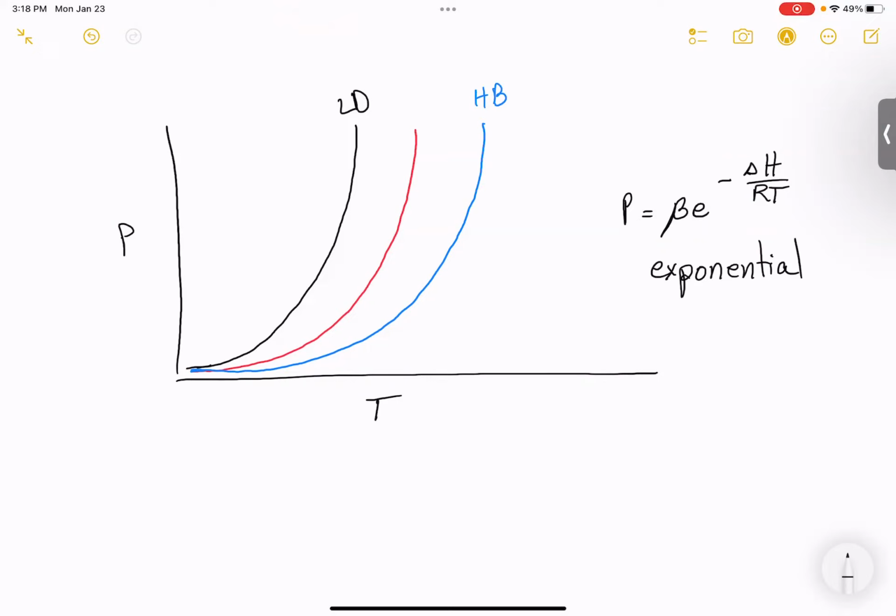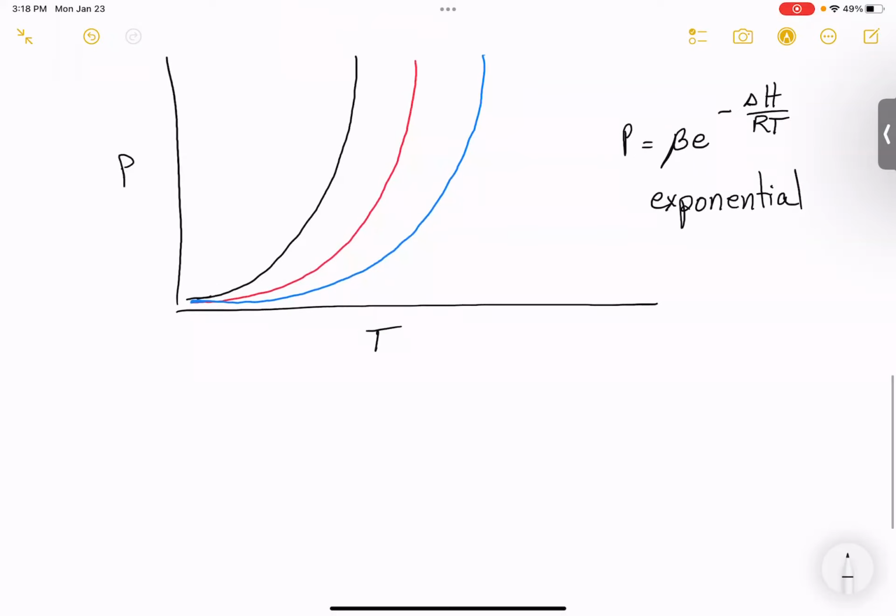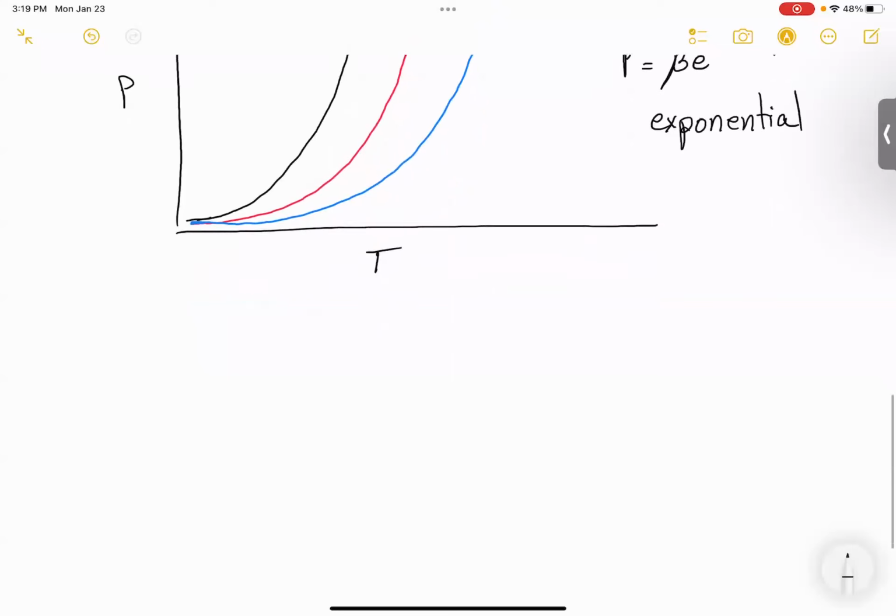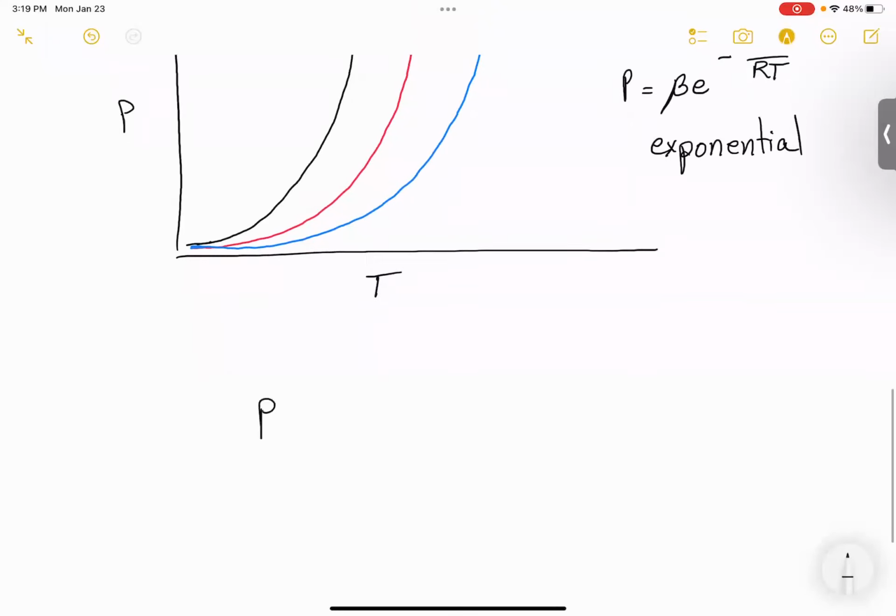Exponential functions are great if you're just going to be determining bits and pieces, but they can also be a challenge. So we can take that equation with the exponential function.